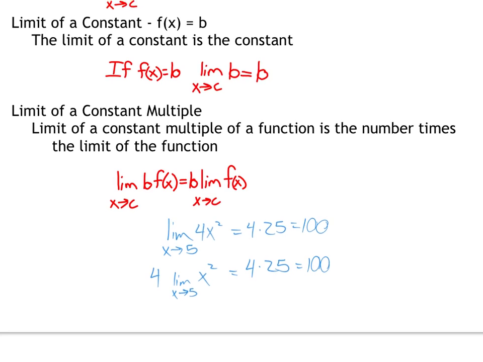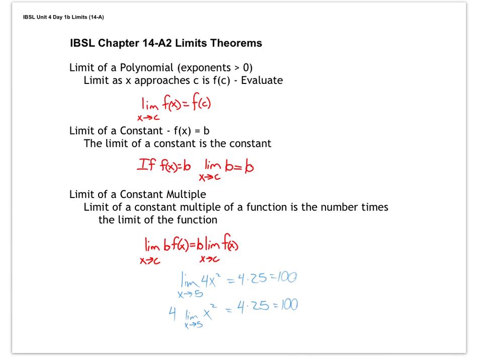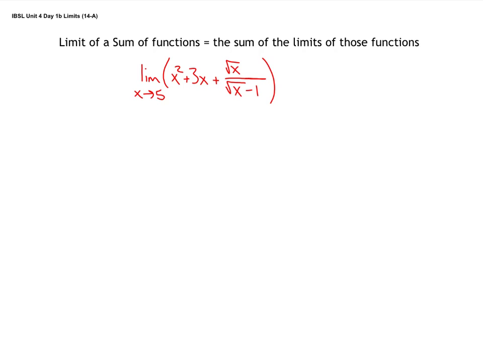So those are some basic theorems we've got there. Let's look at one other one, just running through these kind of quickly. The limit of a sum of functions. Here we're taking the limit of a function that's a little bit more complex. But I notice that the first two terms make up a quadratic function.